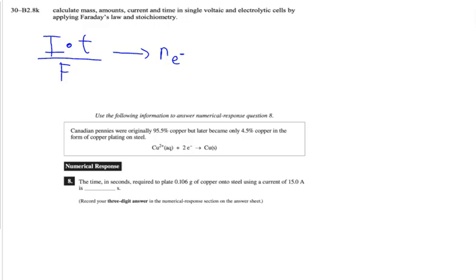Or if you knew moles of electrons, you could use that with the current or the time and figure out the missing I or the missing t. Now, in order to get from moles to maybe some metal, maybe there's silver being deposited, well, you can convert moles of electrons to moles of whatever you're asked about. I'm just going to put a question mark, but maybe that's silver, or in the question below it's going to be copper.